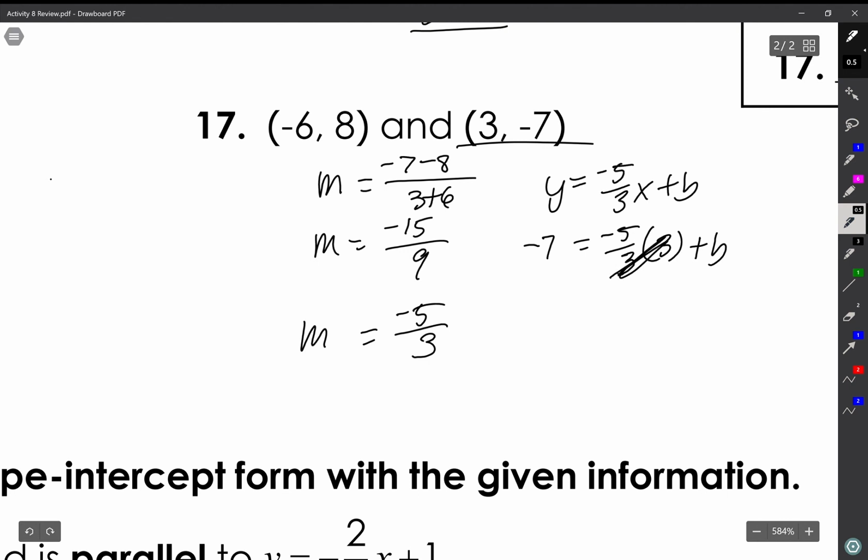The 3's will cancel because we're multiplying a fraction by its denominator. So we're left with -7 is equal to -5 plus b. I'll add 5 to both sides to get that b is equal to -2. So my equation is y equals -5/3 x minus 2.